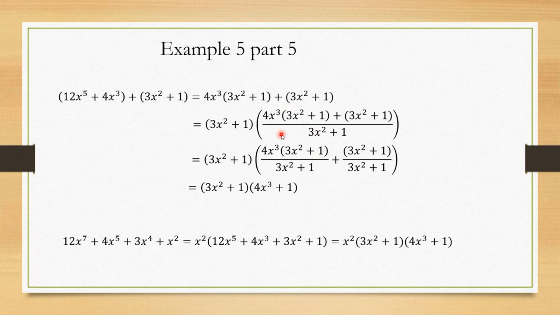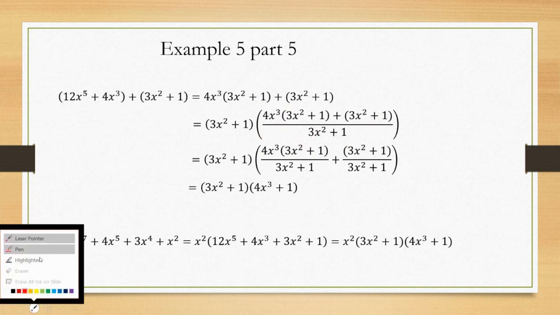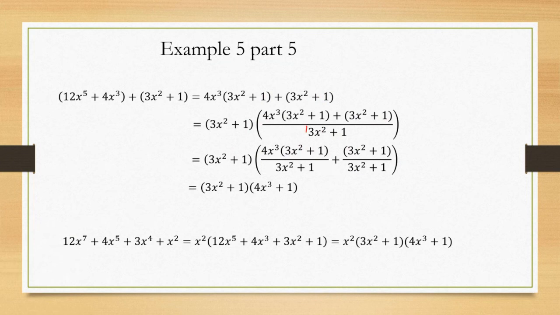But really what's happening in the background is you're dividing, right? Let me add the parentheses. You would have 3x squared plus 1 in front because we're going to factor it out. So you do divide to see what's left over. And when you divide, you divide into each term in the sum or difference. And you can see that there's going to be cancellation.